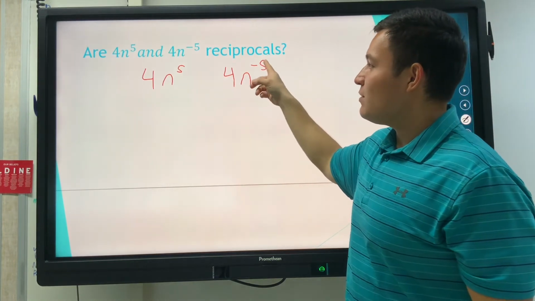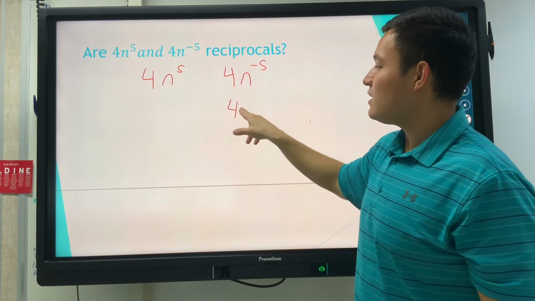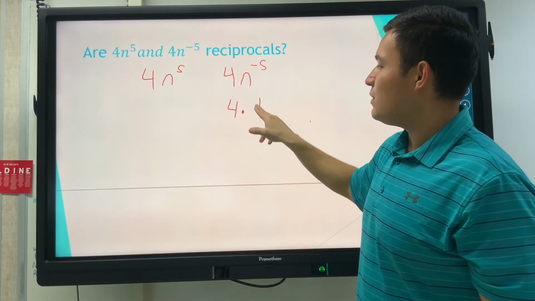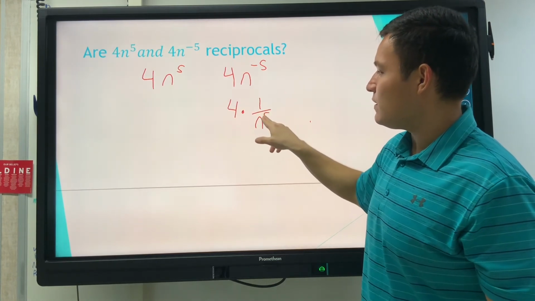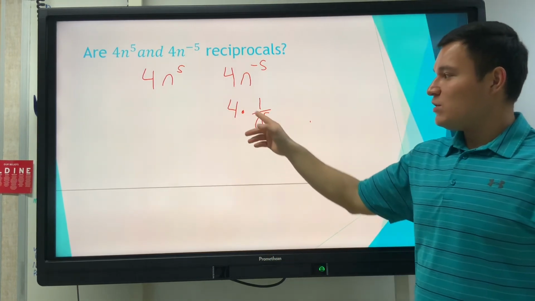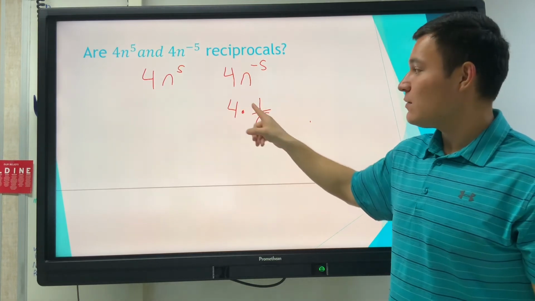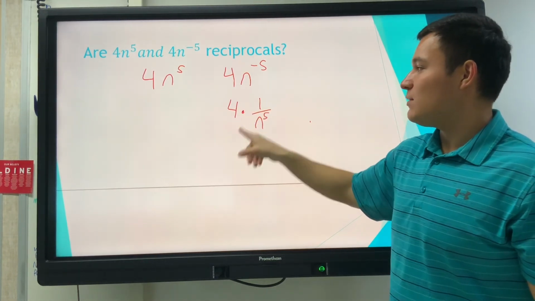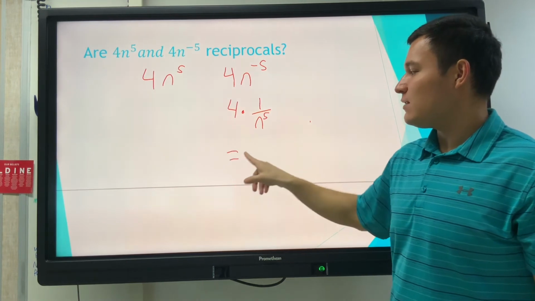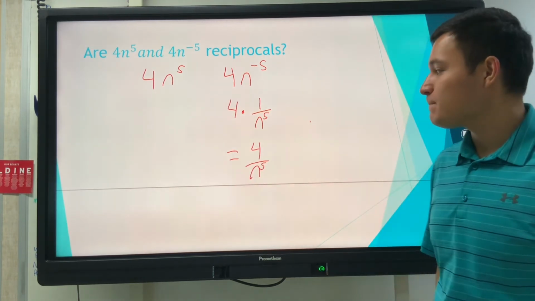This power is applying to the letter n. So that's going to be 4 times 1 over n to the 5th. And what does this make when you multiply these two things? 4 times 1 over n to the 5th. This 4 is going to multiply the 1, and that's going to make 4 over n to the 5th power.